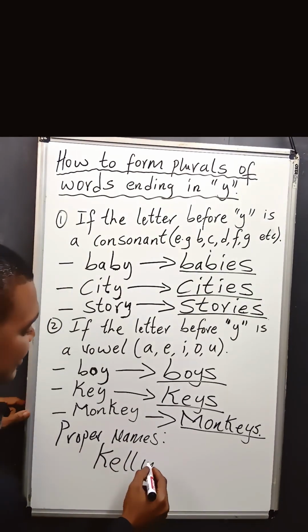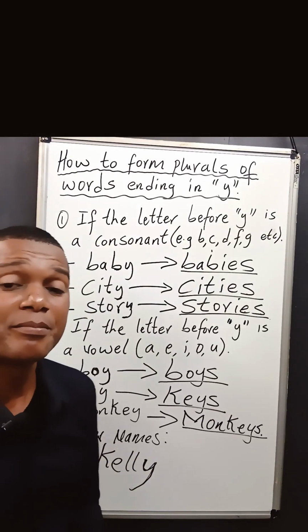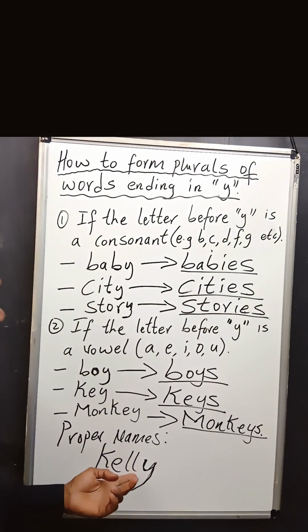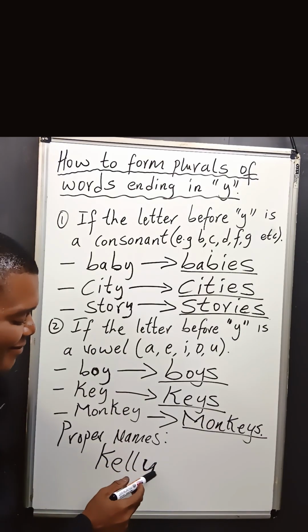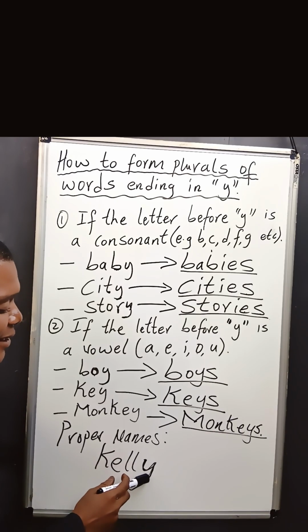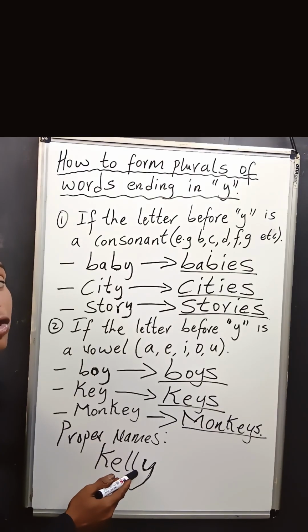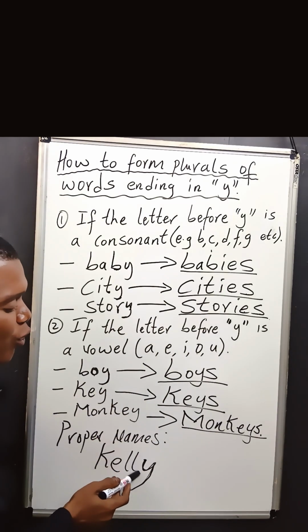Now, taking a look at the word Kelly. Kelly is a proper name, a specific name. If we want to form the plural of Kelly, the letter that comes before Y is L, a consonant.